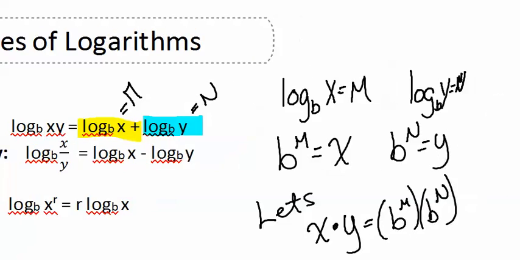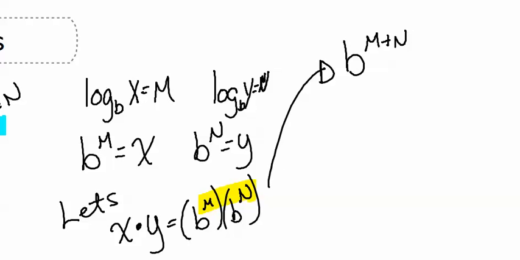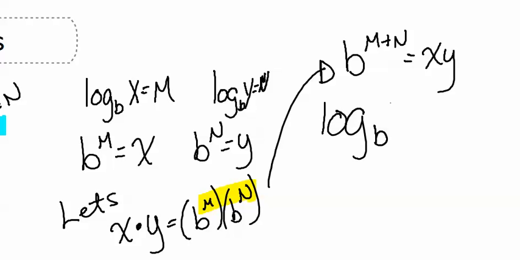Based on what we've talked about on exponents before, if we have the same base of exponents, we add the exponents together and we can merge them. So that becomes b to the m plus n power, which is equivalent to x times y. Now, if we rewrite it in logarithmic form, it's log base b of xy equals m plus n.